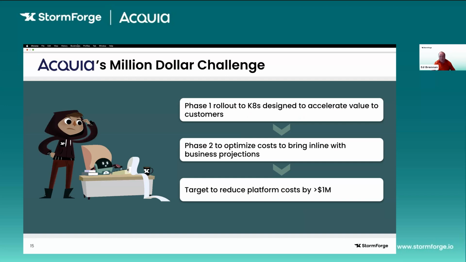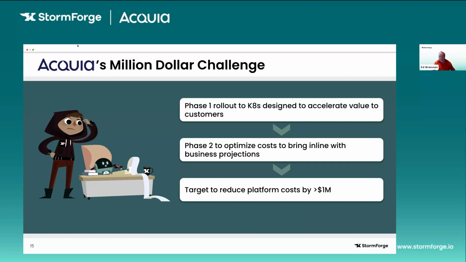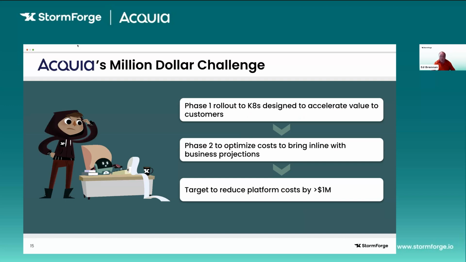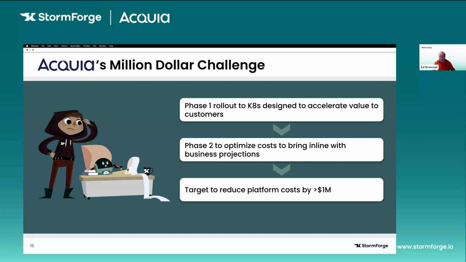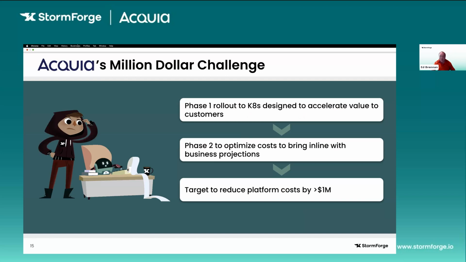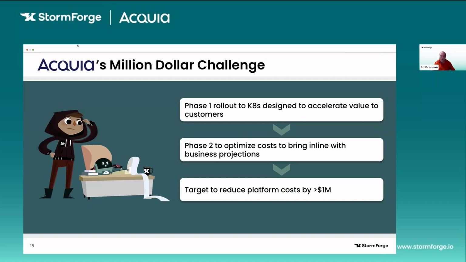To give the audience some idea of what we do, Acquia is a place where you can host digital experiences, and we do those digital experiences at scale. Our circumstances were a little bit unique, where what we host is brought in by our customer itself.